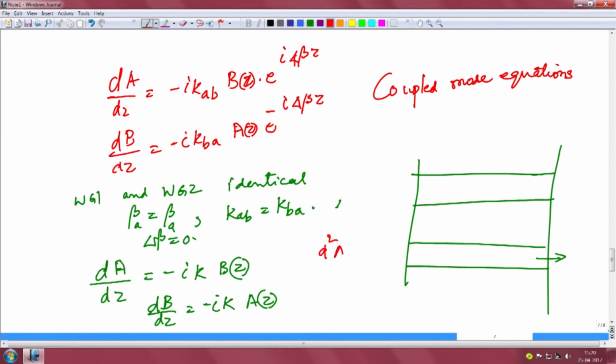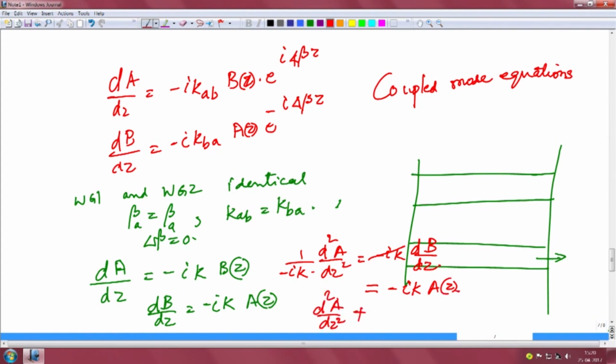So, you have d square A by dz square equals minus ik dB by dz. So, minus ik can come over this side, and for dB by dz I can replace with minus ik A of z, and so we have d square A by dz square plus, this k will go that side, minus and minus, k square A of z equal to 0.